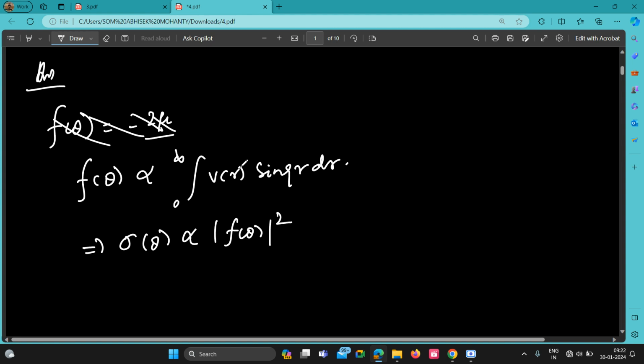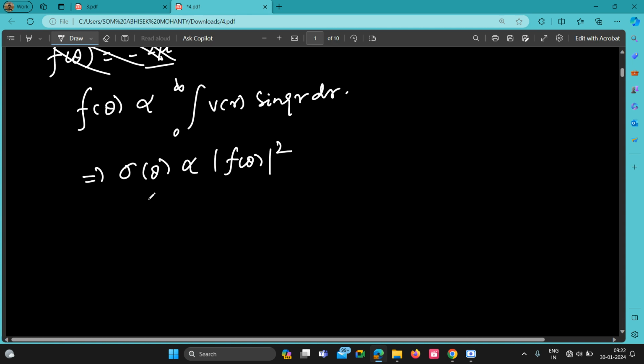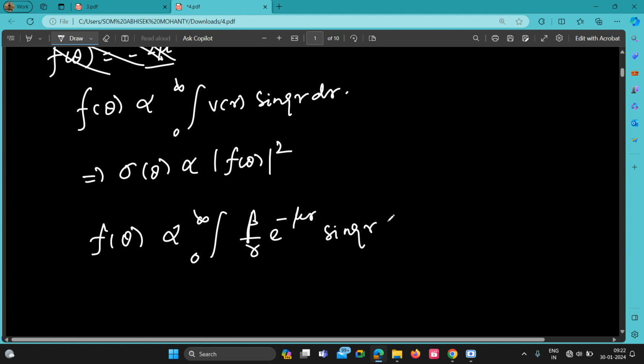Now, if we put the central potential in place of V(r), f(θ) is proportional to the integral from 0 to infinity. What is the central potential we got in the question? β/r e^(−μr) sin(qr) dr, and there is another r here, r V(r), so this r will be cancelled.